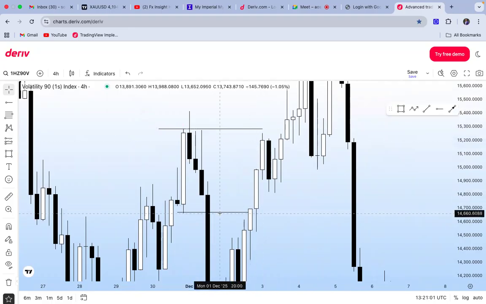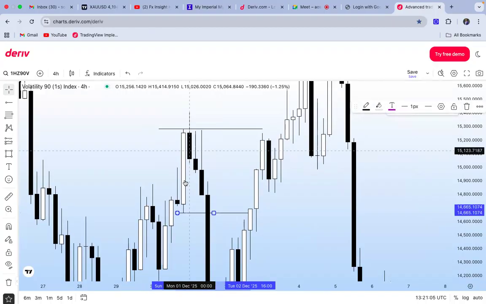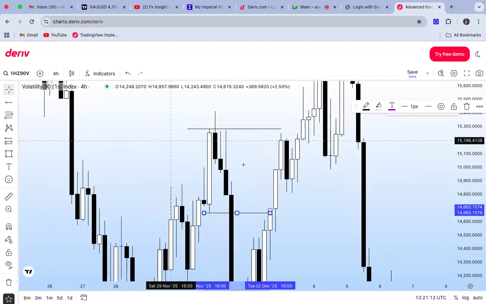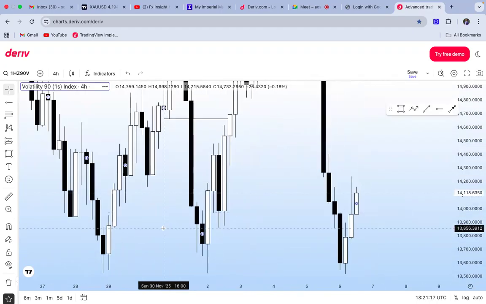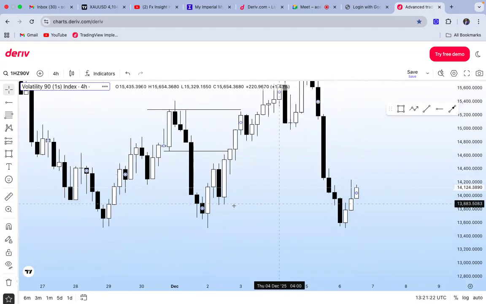So this was it. You see the range, then the sweep all the way, boom. You know the funny thing, because I knew where the market was trading from, I didn't even pick the TP here. I held it all the way to the bottom.